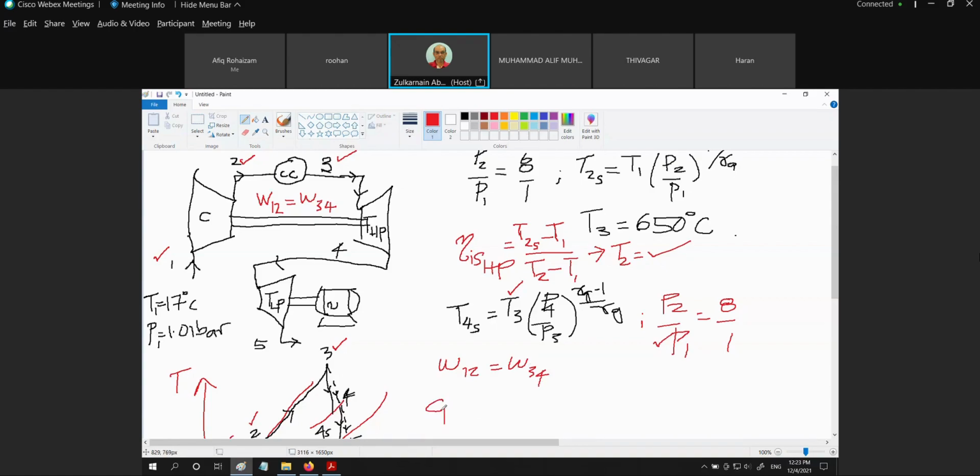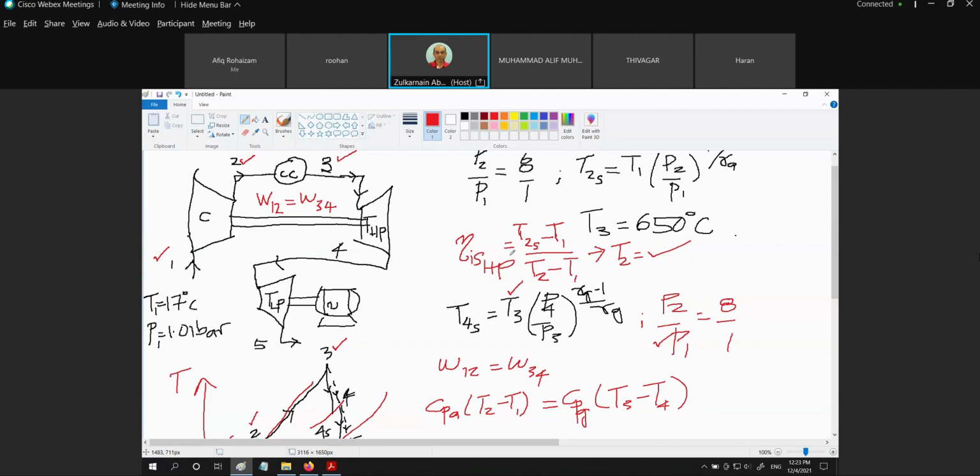W12 is Cp_a (T2 minus T1), which is equal to Cp_g (T3 minus T4). This is the extra equation that we have.